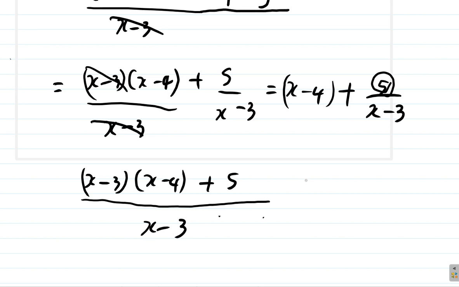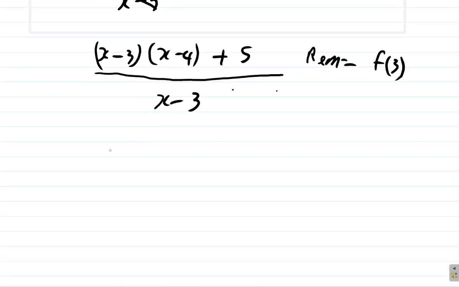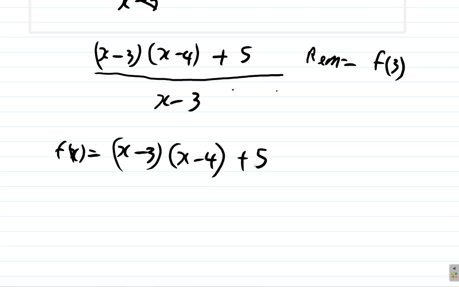If all of this is divided by x minus 3, then the remainder is equal to f of 3. Let's substitute 3 for x and see what happens. Now, f of x is equal to x minus 3 times x minus 4 plus 5.